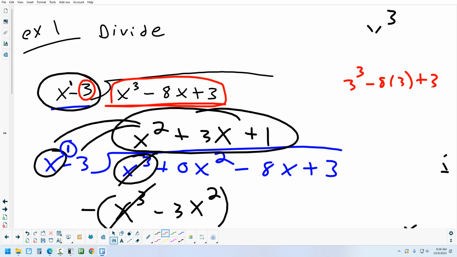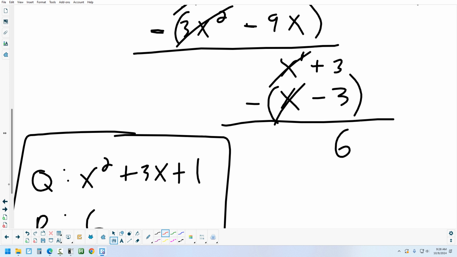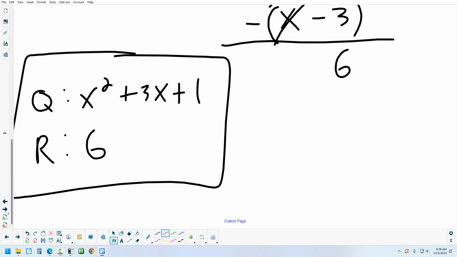What's 3 cubed? 27. What's 8 times 3? 24. What's 27 minus 24? 3. And what's 3 plus 3? 6. Now let's scroll down and see what we got for a remainder. 6. Same thing.